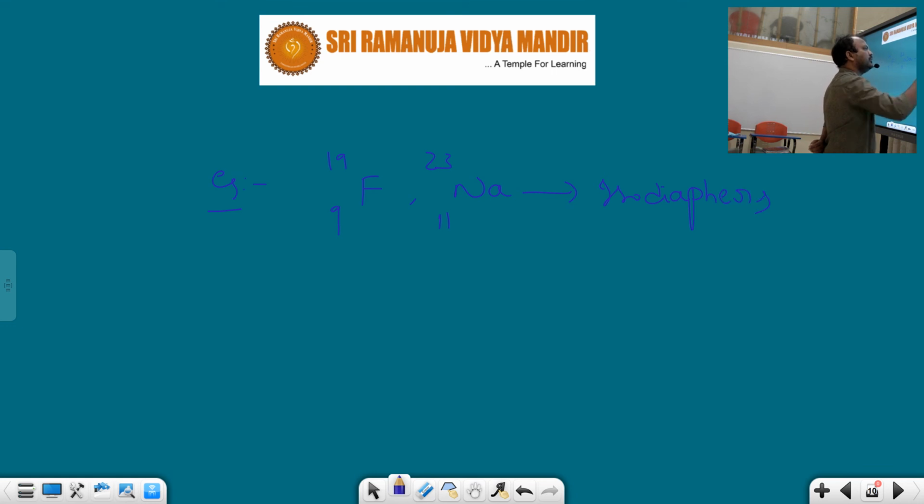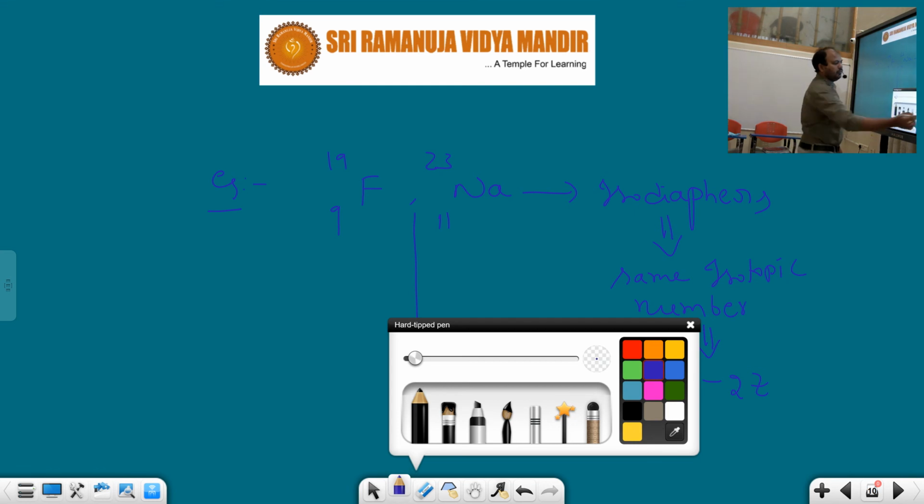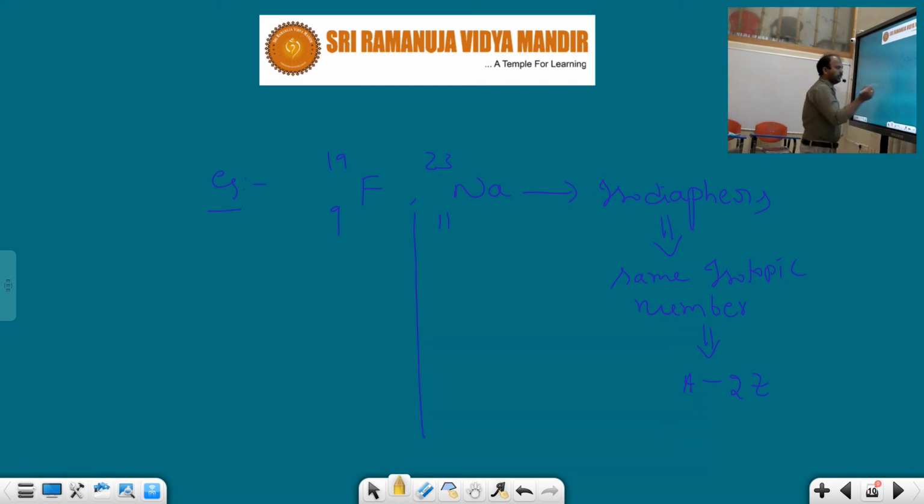They have the same isotopic number value. Isotopic number means mass number minus double the atomic number, or neutron minus proton, anything. First you have to calculate the isotopic number value for fluorine 19, 9.